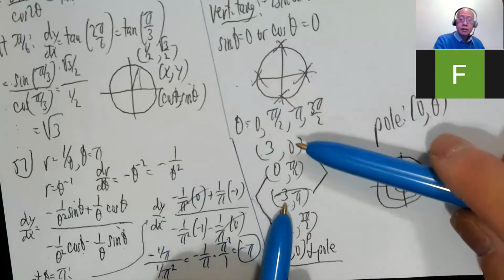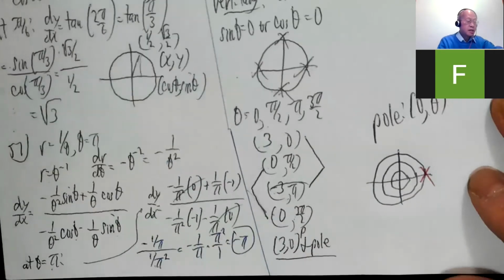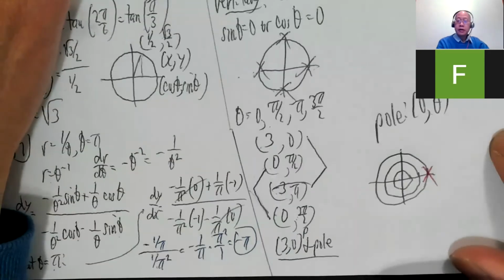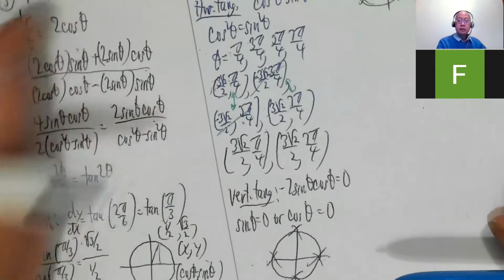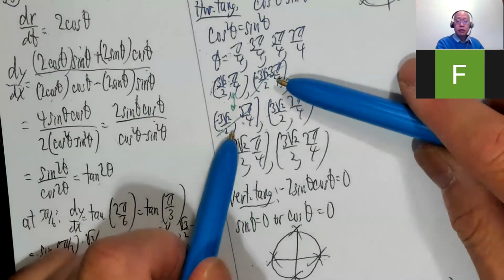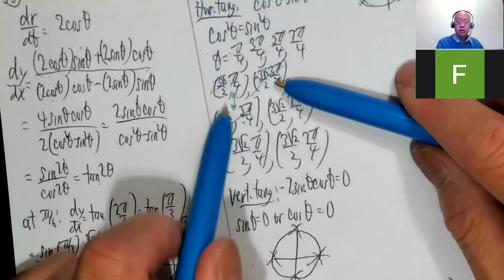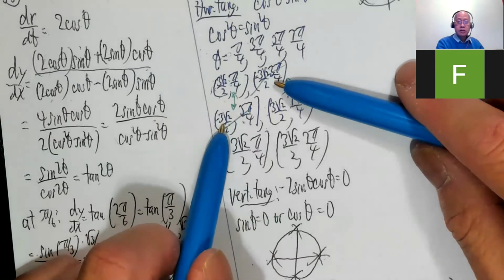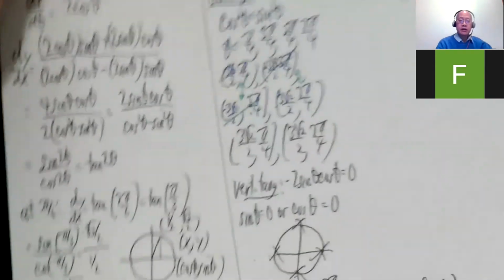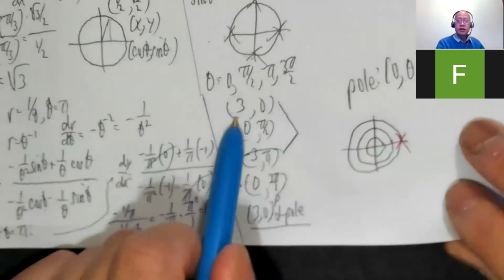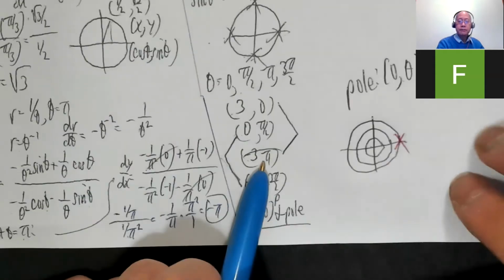So you should not put both of these. We never saw that in x and y. It only shows up in polar coordinates. So likewise here, you should not put both answers. You should cross off any duplicates. Which one do we cross off? Generally cross off the negative. So we're going to keep 3, 0 and throw out negative 3, pi.